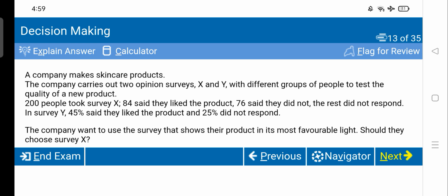The rest did not respond. In survey Y, 45% said they liked the product, 25% did not respond.